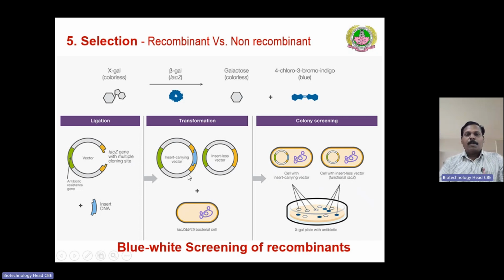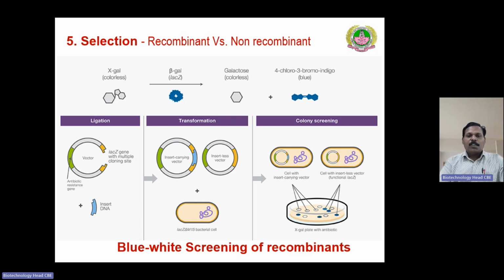For this to take place in a laboratory experiment, we use a colorless substrate called X-gal, and this X-gal mimics the lactose analog in the lac operon concept. This X-gal is a X-galactoside substrate molecule, which upon action by the beta-galactosidase enzyme produced by the lac-Z gene will convert the colorless substrate into a colored product called 4-chloro-3-bromo-indigo, a blue-colored product.